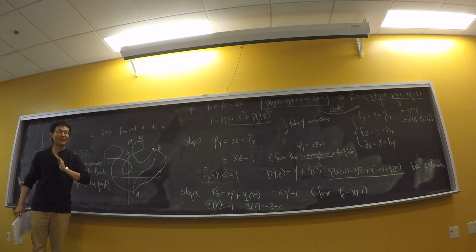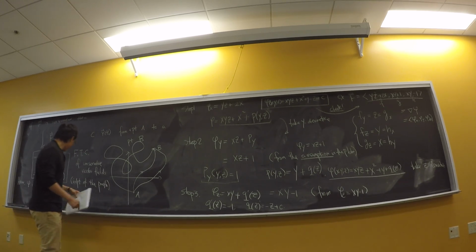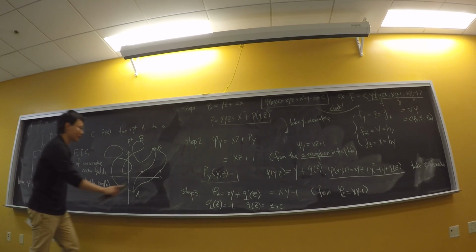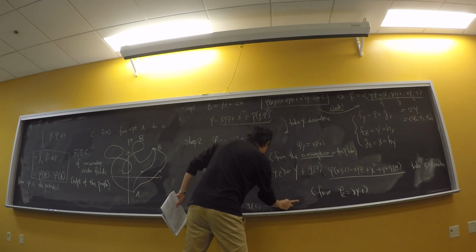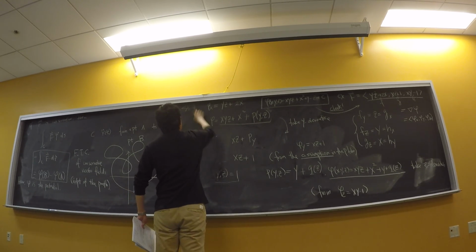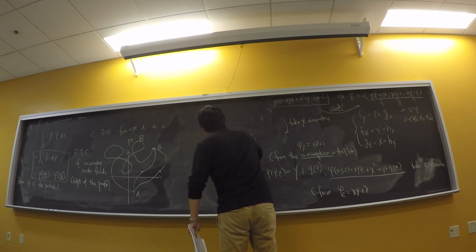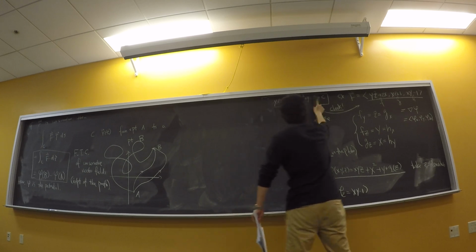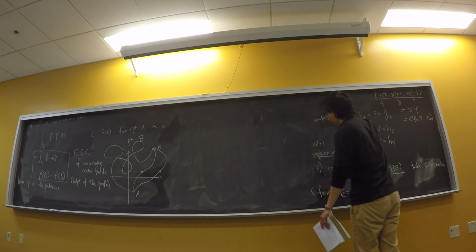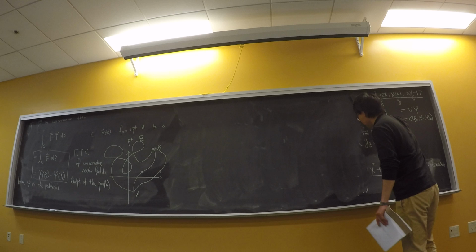Okay, I'm going to elevate it even more. If I have a conservative vector field, and I have a curve, and this curve is closed, think about what it means for a curve to be closed.